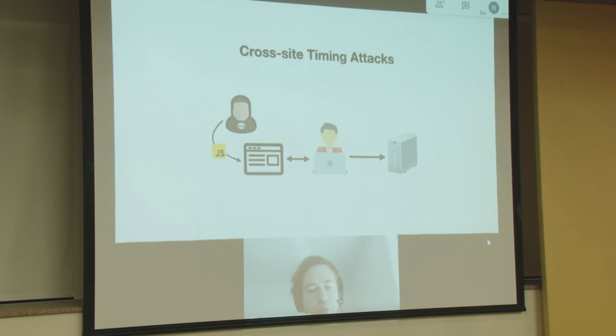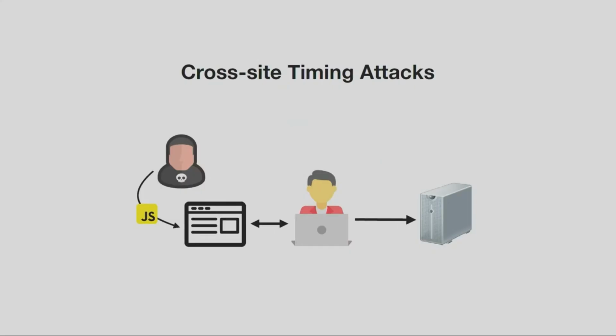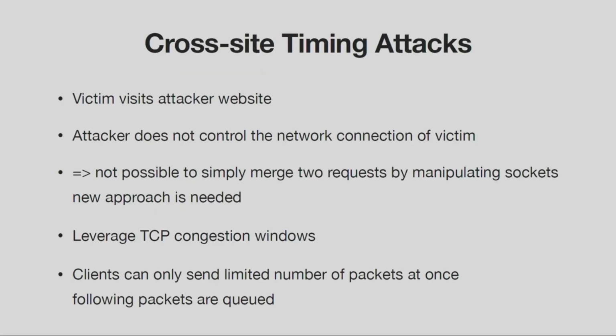Okay, so that brings me to the second attack scenario, the cross-site timing attacks with the malicious JavaScript. As I said, the victim will visit the attacker's website, or at least a website with JavaScript from the attacker. But the big difference between this attack scenario and the other one is that the attacker does not control the network connection of the victim.